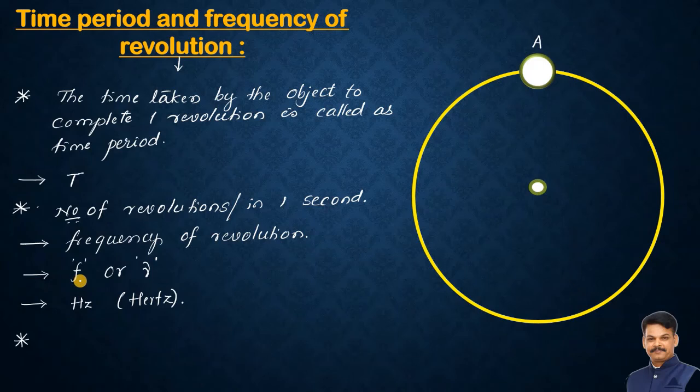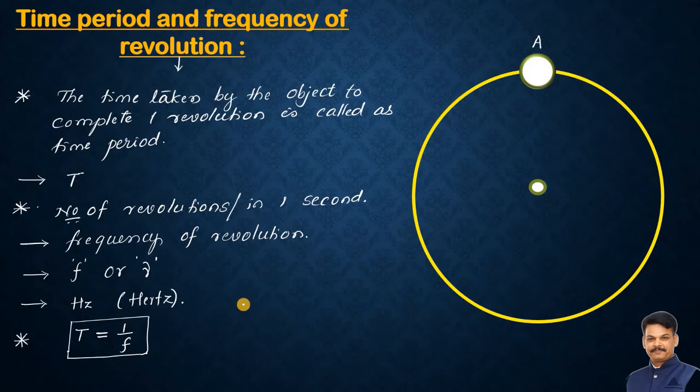Then what is the relationship between these two? Yes, we know that time period and the frequency are reciprocal to each other. Hence we can say time period T is equal to 1 divided by f.